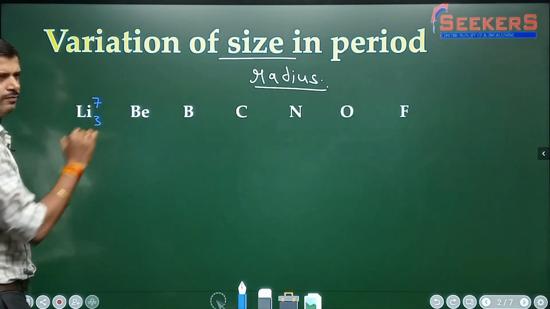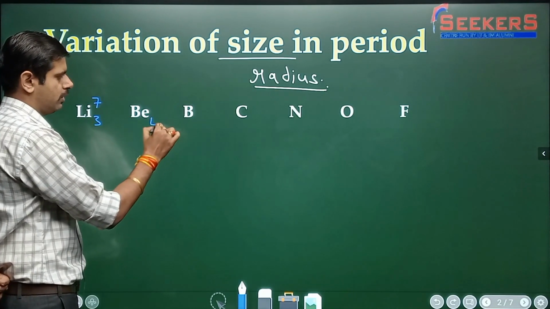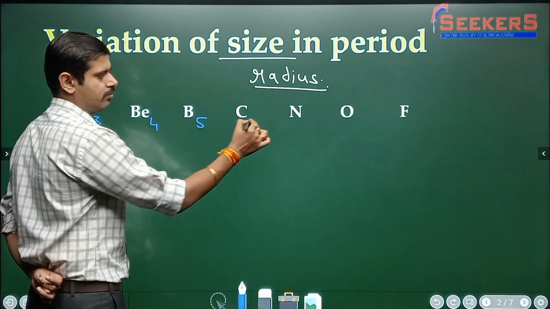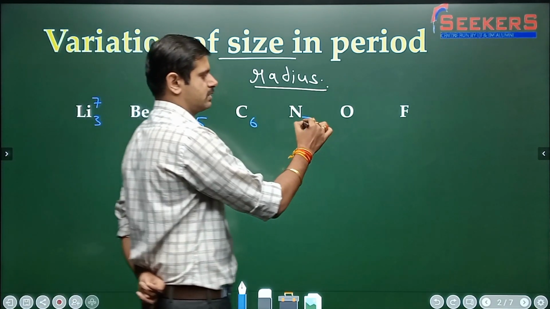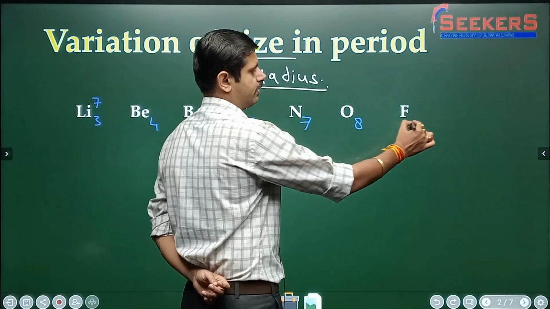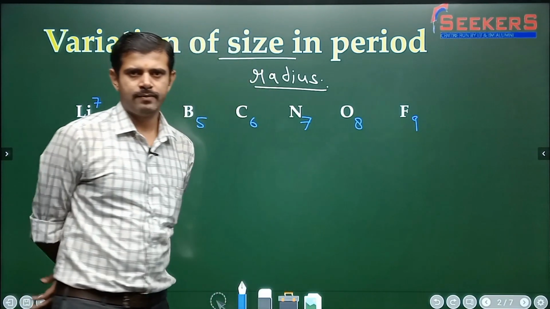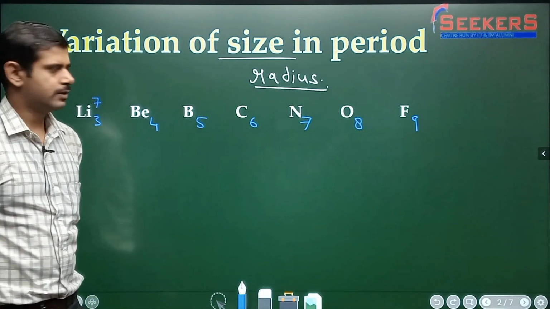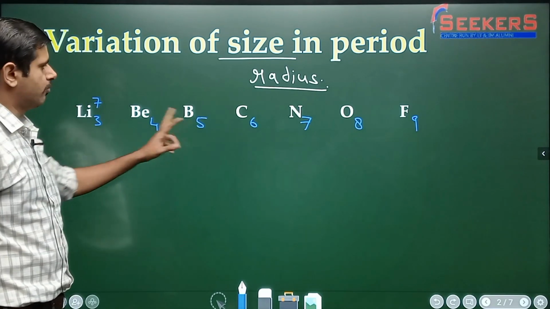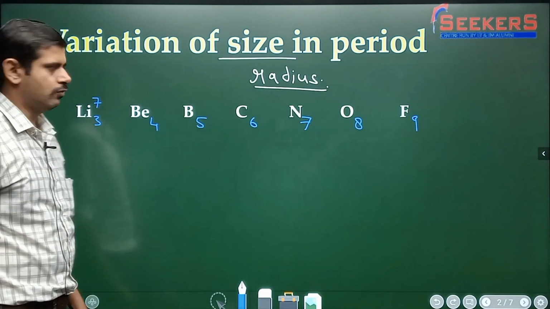Here the atomic number is 4, here 5, here 6, here 7, here 8, here 9. So lithium, beryllium, boron, carbon, nitrogen, oxygen, fluorine.